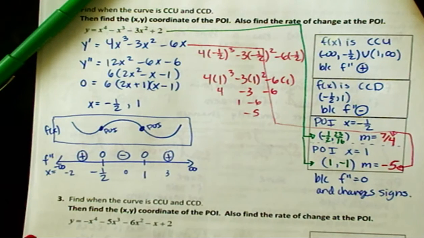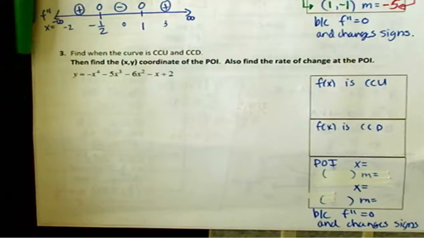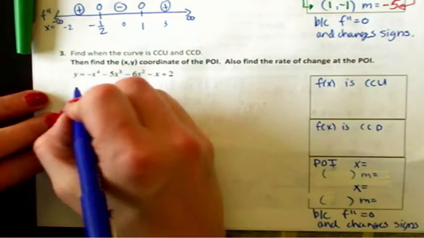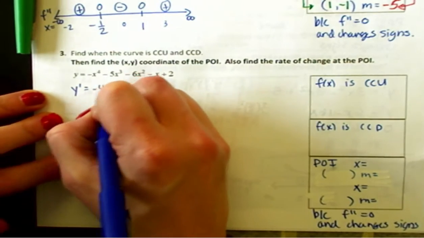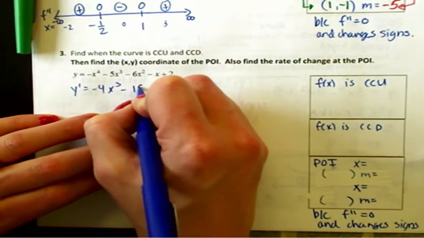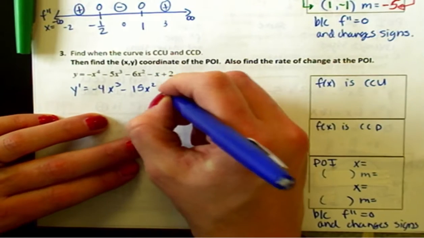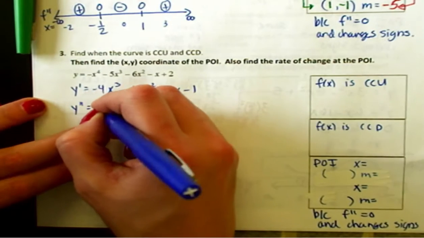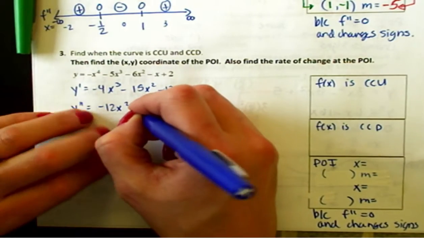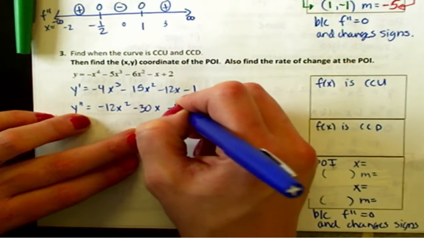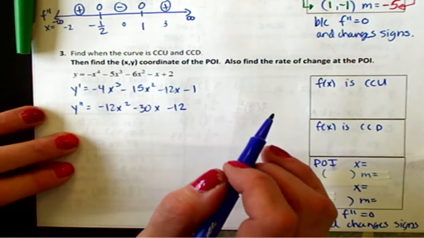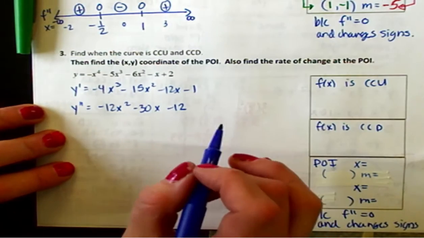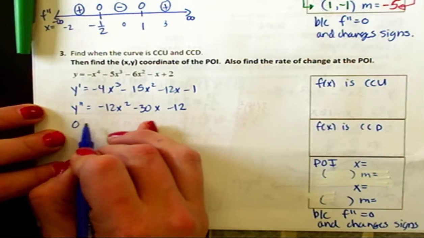Okay, you have question 3. Try it, and then we'll switch on to looking at a different type of example. Okay, here we go. So y prime, negative 4x cubed, 15x squared minus 12x minus 1. Second derivative, 12x squared, 30x minus 12. So they all divide by 6. Okay, so 0 equals.